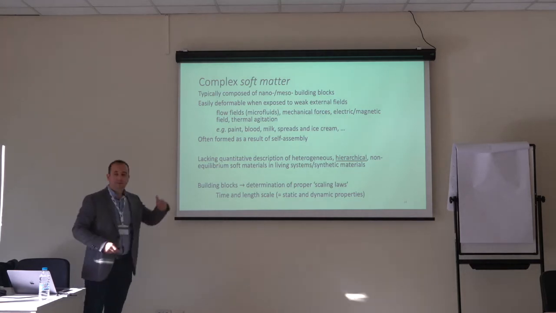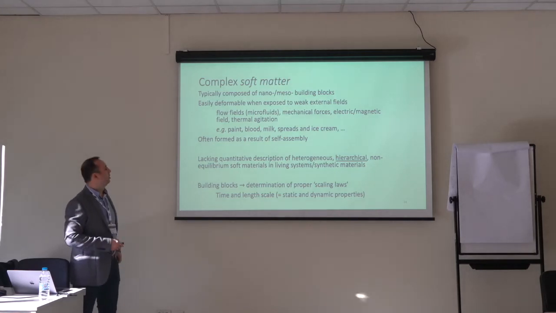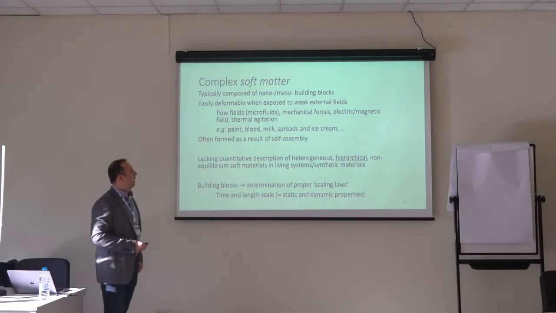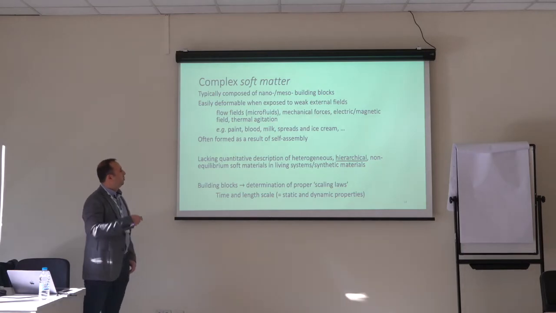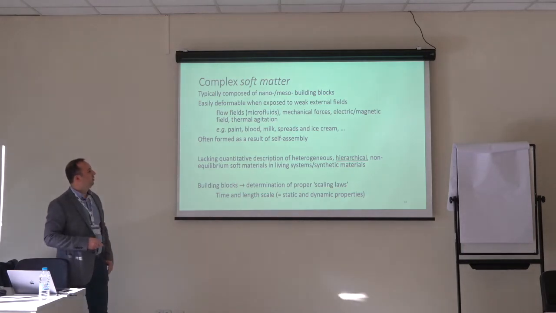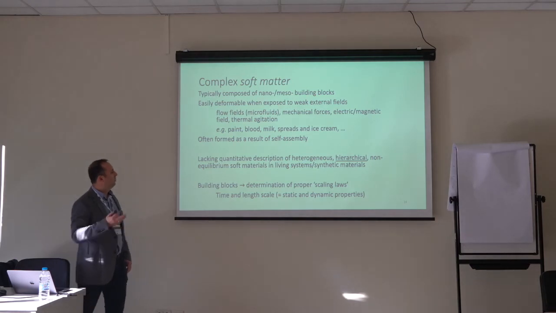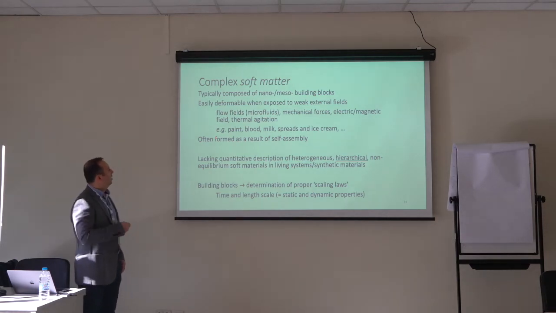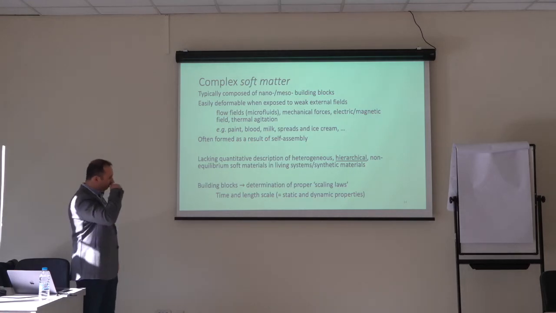The examples, in addition to what I already showed you, are paint, blood, milk, spreads, and ice cream. Especially these are particularly important in the industrial area, for the industry guys, and are often formed as a result of self-assembly methods.